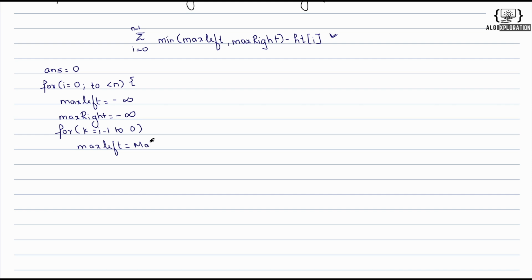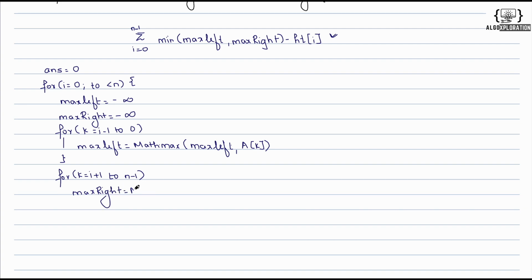So Math.max(max left, a of k). With this we are going to figure out what is the maximum height of the building on its left.